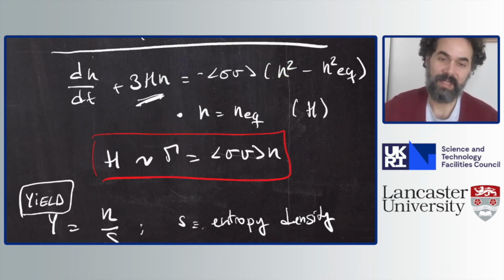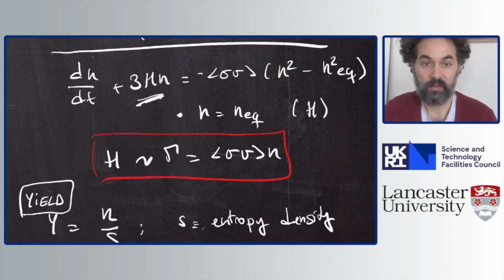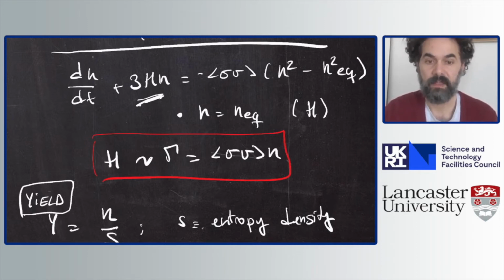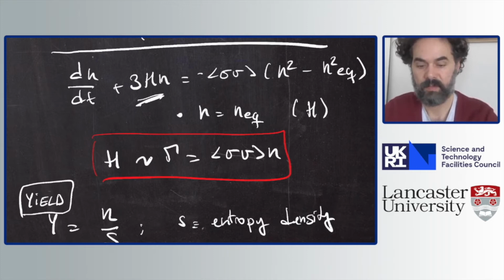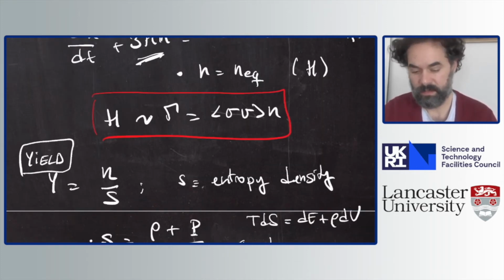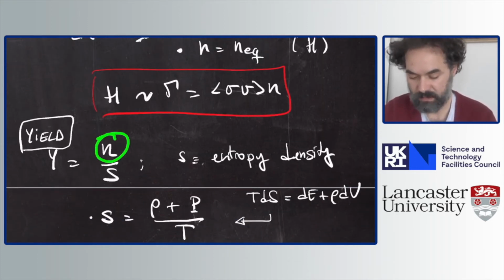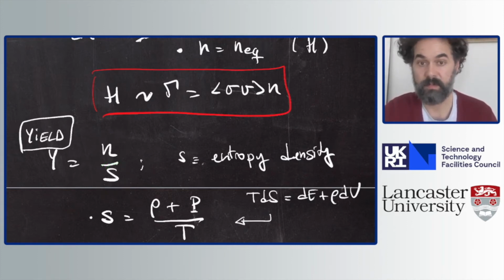Unfortunately or fortunately, cosmologists like to talk about yield instead of number density, and the reason is that the number density evolves as the universe expands, and the yield doesn't. So in an expanding universe, the yield is constant. So what is the yield? The yield is defined as the number density divided by the entropy per unit volume, the entropy density.